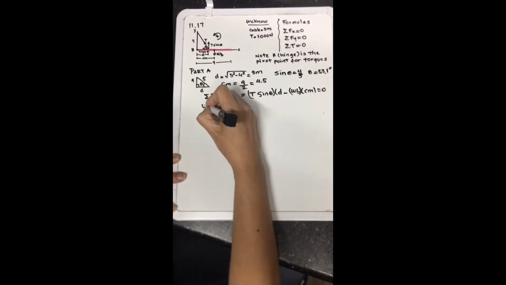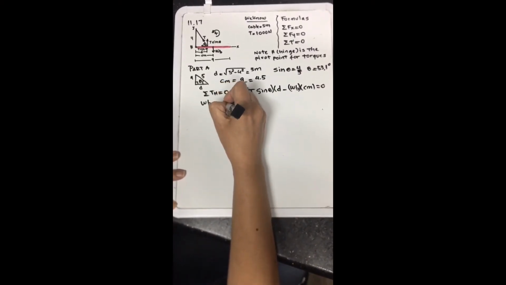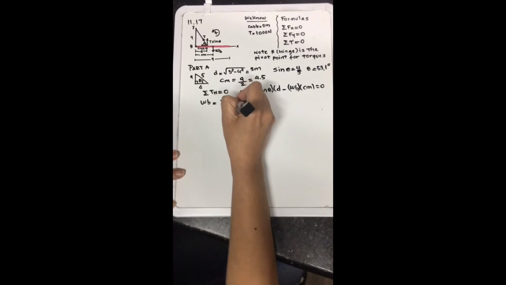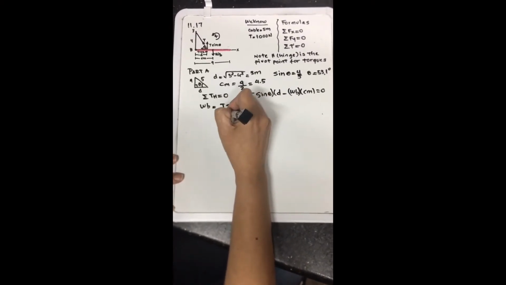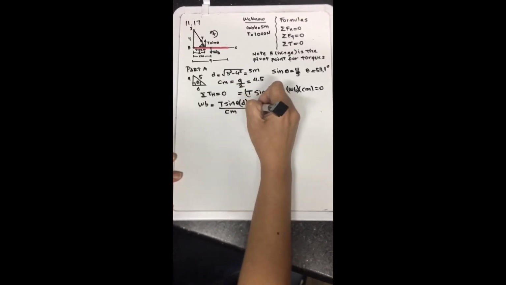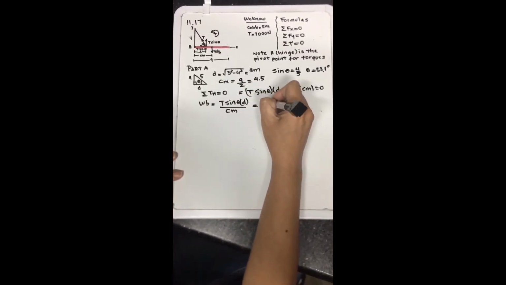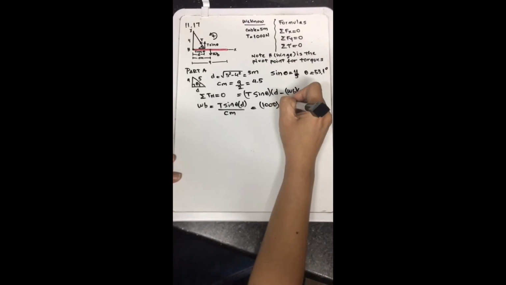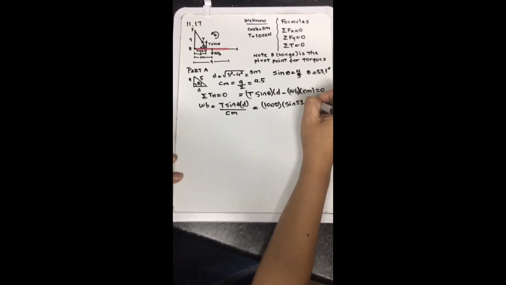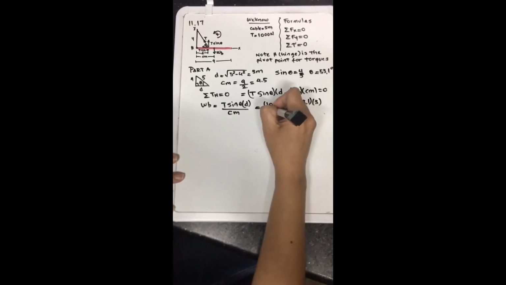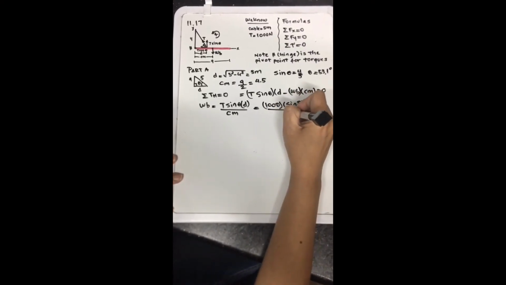The weight of the beam is equal to tension times sine of theta times distance divided by the center of mass distance, which is 1000 times sine of 53.1 times 3 divided by 4.5.